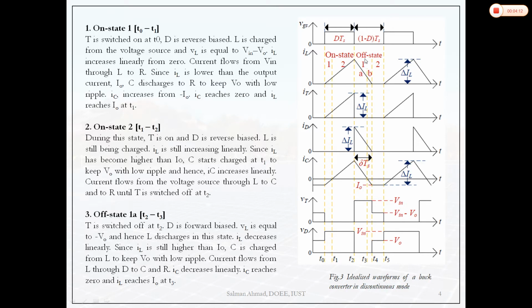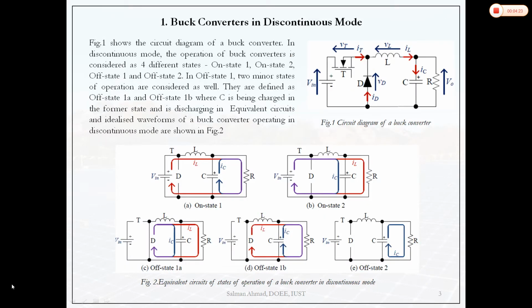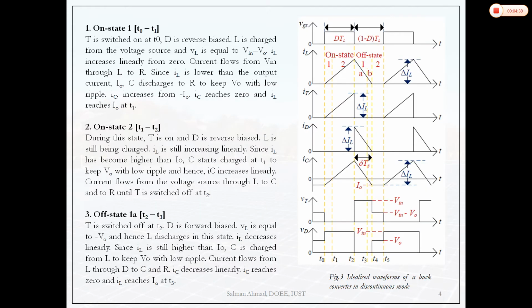Then during off time, when transistor is turned off, the inductor current will fall. Okay, because the voltage across this inductor now will be minus VO, so the slope will be minus VO upon L. So it reaches 0 before the next switching cycle starts.